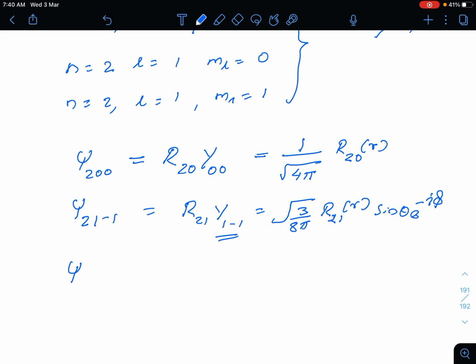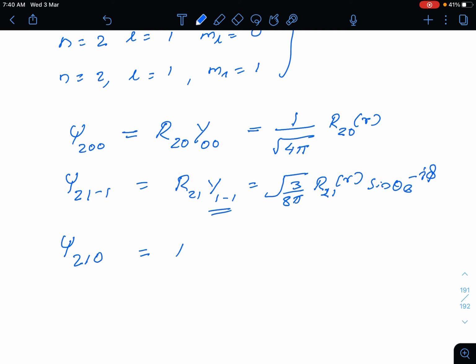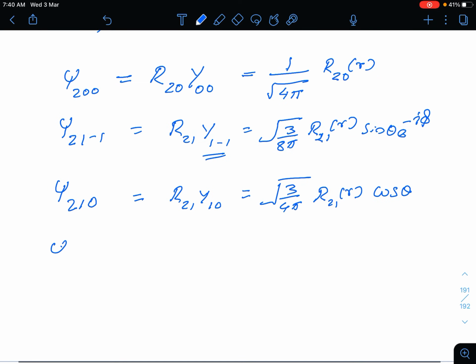Then psi 2 1 0 is R 21 Y 1 0, that is equal to root of 3 by 4 pi times some r function, then cos theta, and of course ML is equal to 0, so e raised to 0 phi is 1.